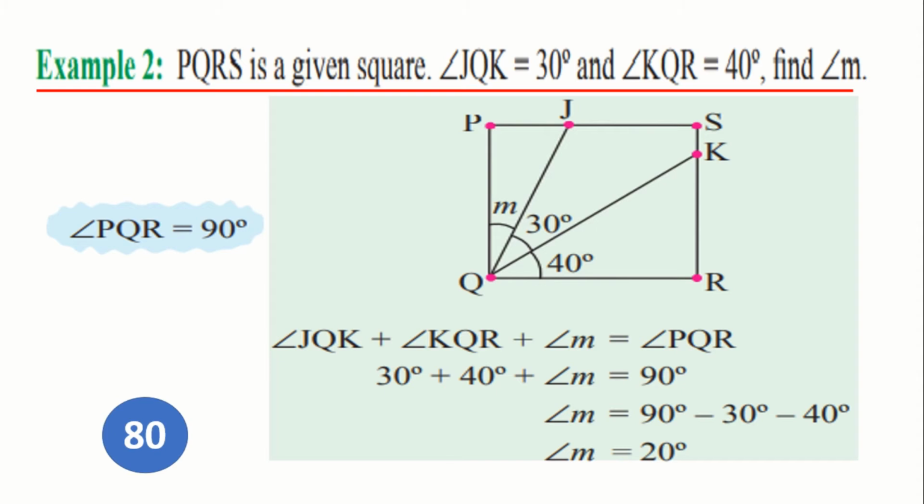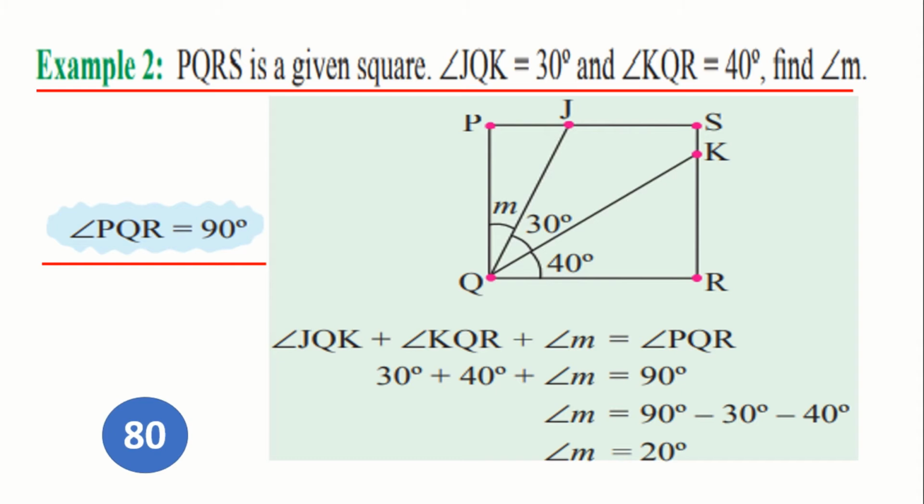Find angle M. Now you know that angle PQR is a right angle, so you have 90 degrees.